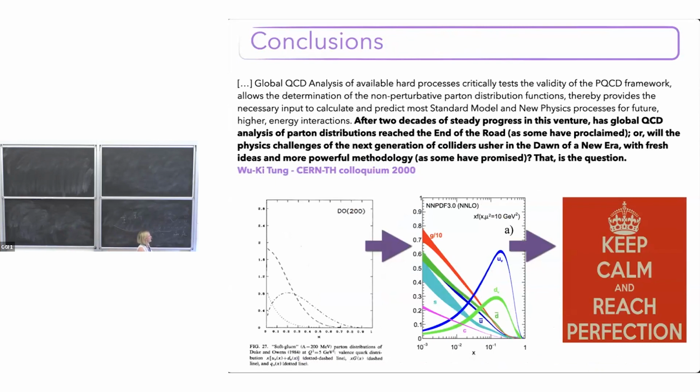Or will the physics challenges of the next generation of colliders usher in the dawn of a new era with fresh ideas and more powerful methodology? I think this is something we can ask ourselves even now, where it seems that everything is understood. Instead, clearly, from 2000 until now, we made a lot of progress, and I'm sure that more progress can be done also thanks to young people getting involved in this effort. Thank you very much.